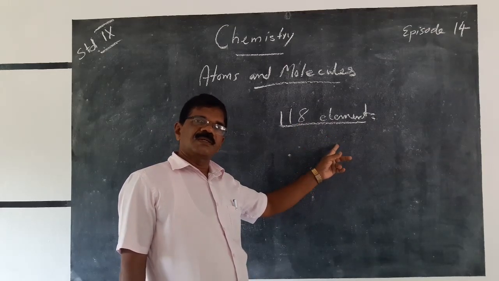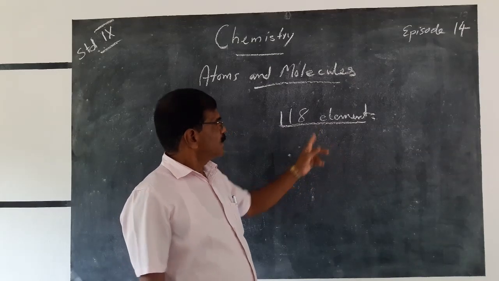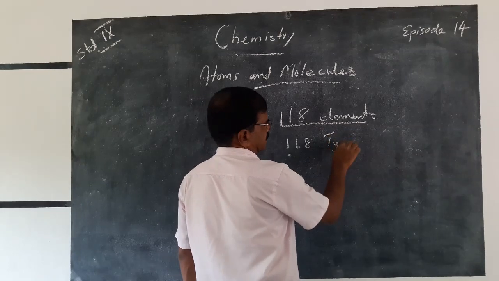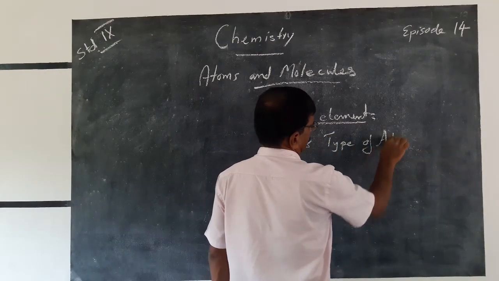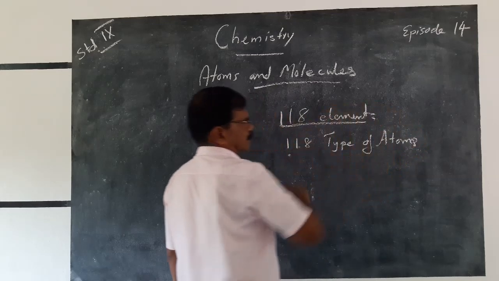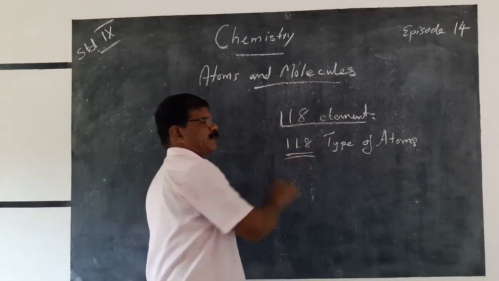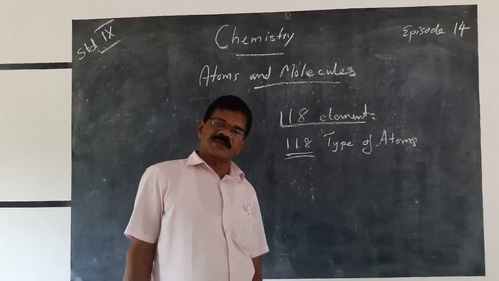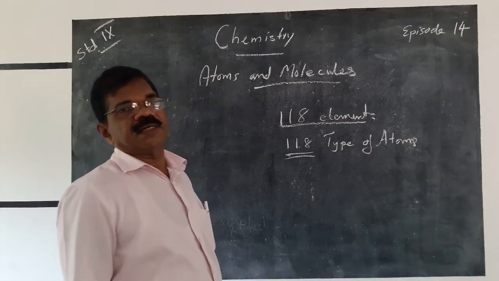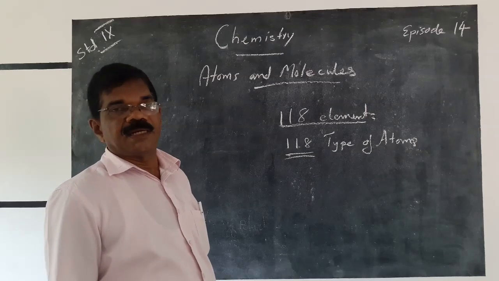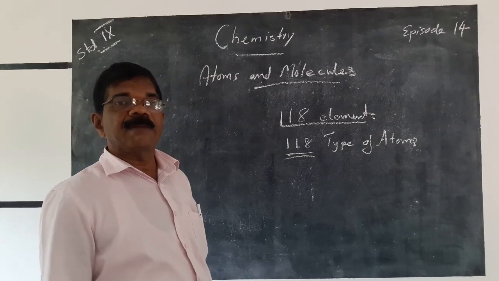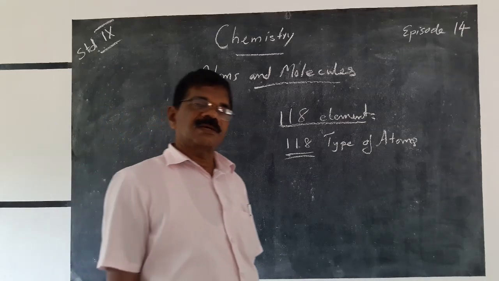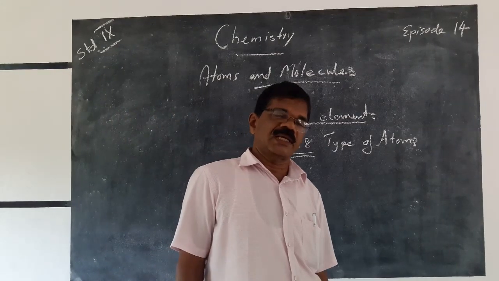So, there are 118 types of atoms. More than 118 elements have been discovered, but the IUPAC approved only 118 elements. It is a world chemistry organization.